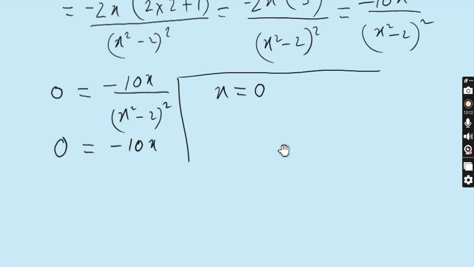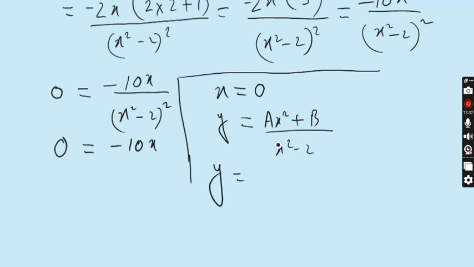The second step is to put this answer in the given equation of y. The equation of the curve is given as (ax² + b) upon (x² - 2).